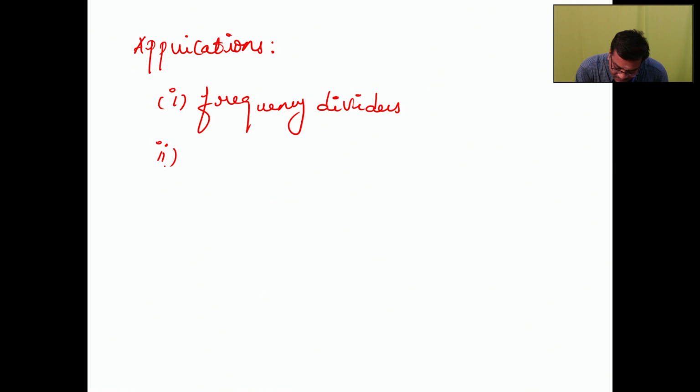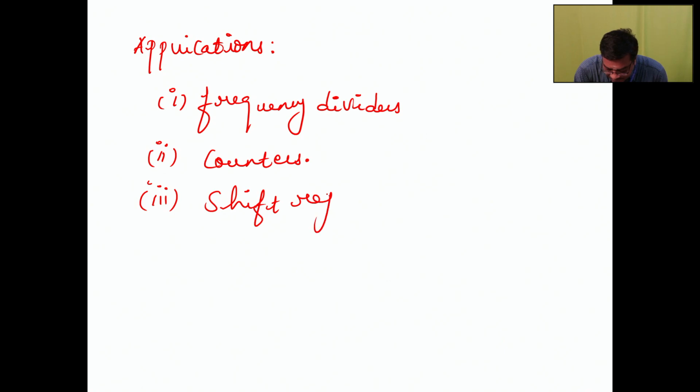Second one is nothing but counters. Third one is nothing but shift registers. So these are all the familiar applications of the flip-flop. It is used for frequency dividers as well as counting the number of data and shifting the data.